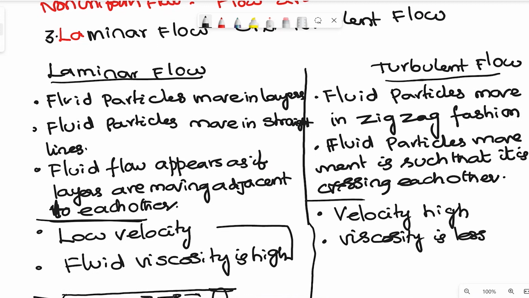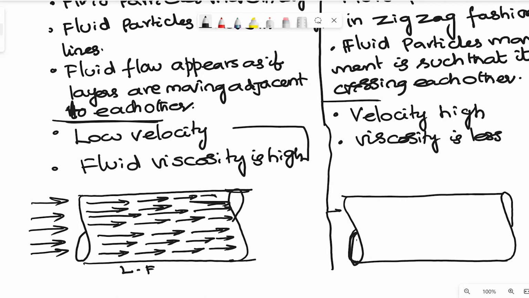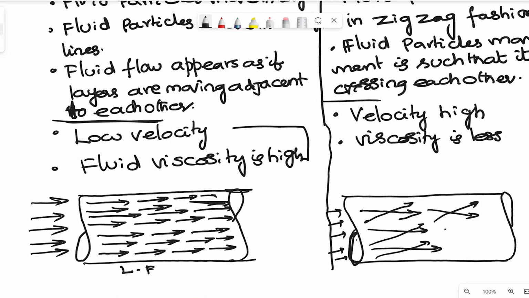And here, in this case, suppose this is a pipe, and flow is taking place here also. Then how will the fluid particles be moving? This fluid particle crosses here, this fluid particle crosses, this fluid particle moves like this.